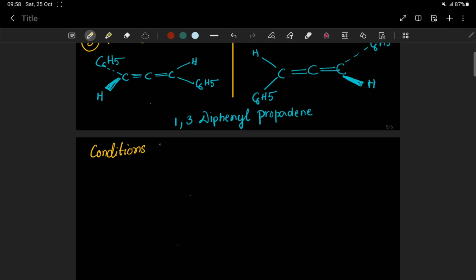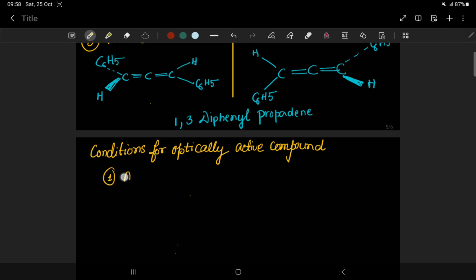Conditions for optically active compound. First is at least one chiral carbon, that is very normal, or asymmetric carbon.